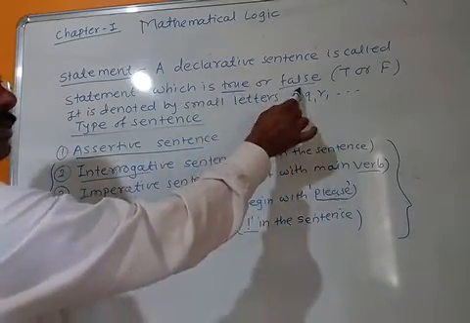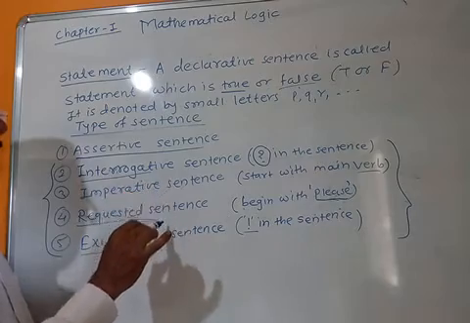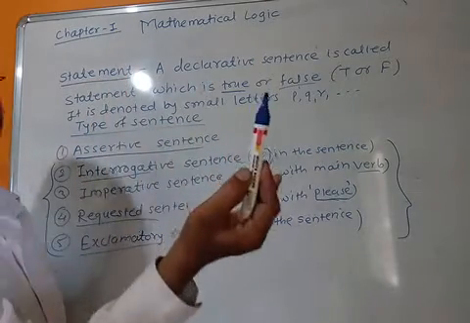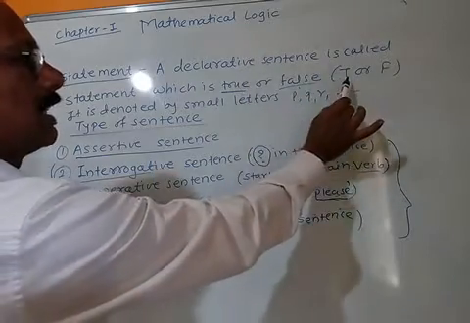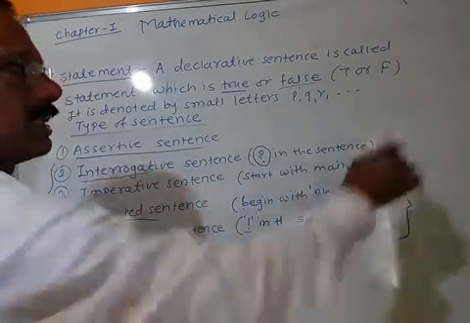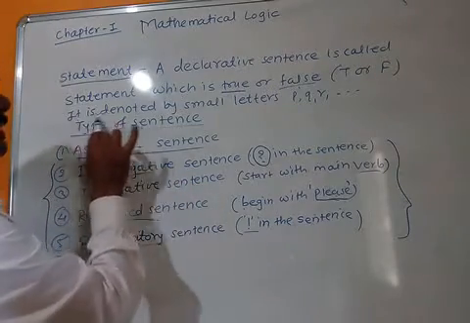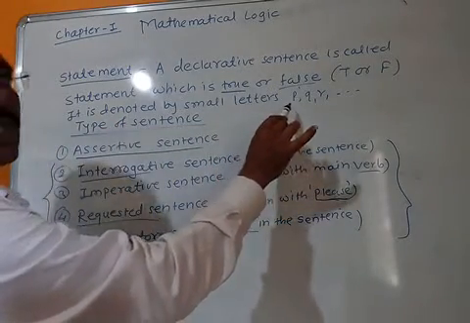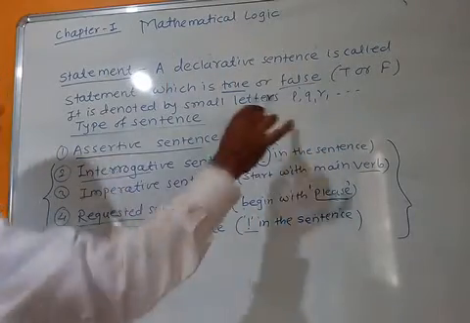If the sentence is of another type, it is not a statement, so it has no truth value. If it is true, write T; if it is false, write F. Statements are denoted by small letters p, q, r, s, t, u, v, likewise.